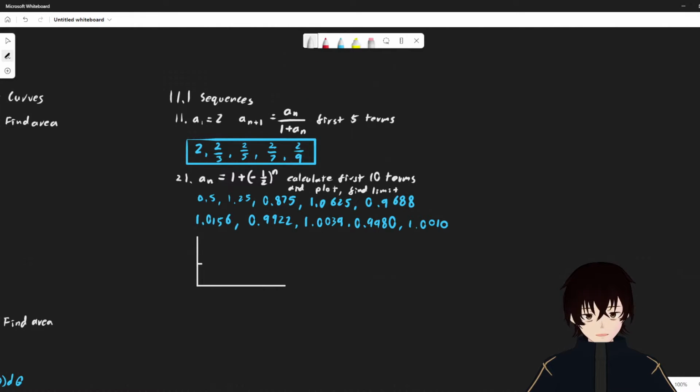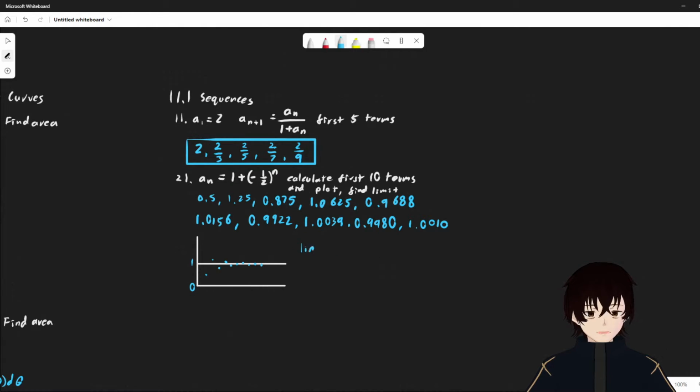Let's say this line is 1. Then 0.5, 1.25, 0.9, 0.8 something, and it just gets closer and closer until it's pretty much on the line. 1, 2, 3, 4, 5, 6, 7, 8, 9, 10.